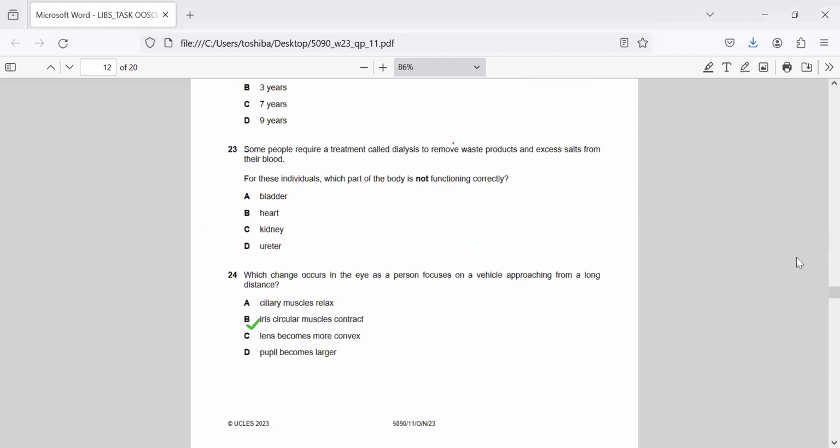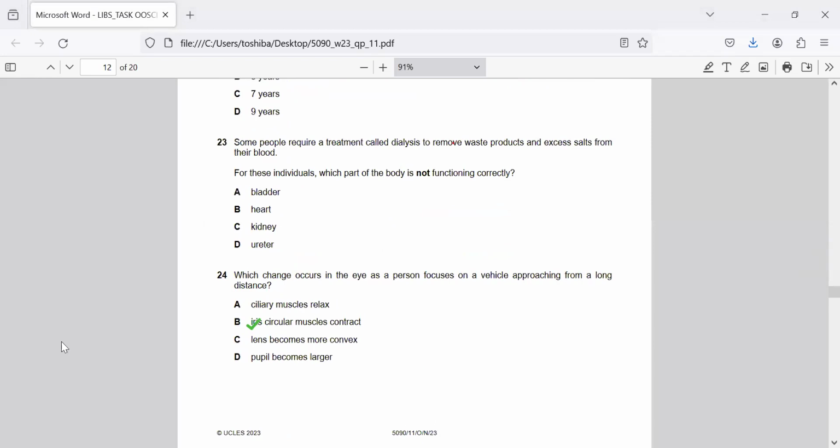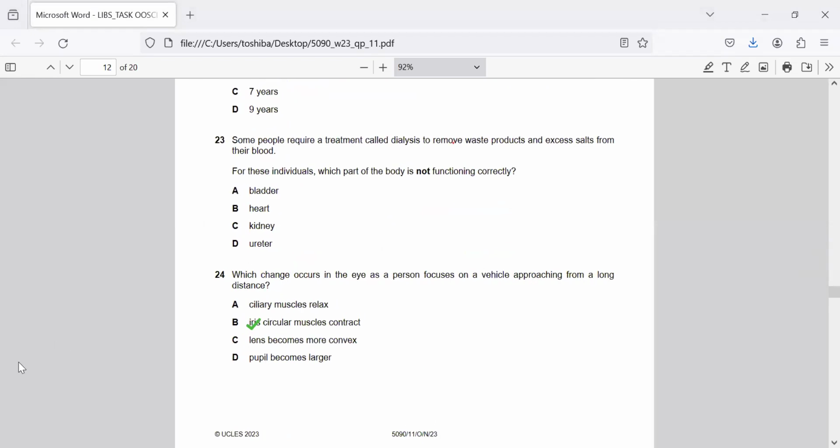Then question number 23 says some people require a treatment called dialysis to remove the waste products and excess salts from their blood. For these individuals, which part of the body is not functioning correctly?